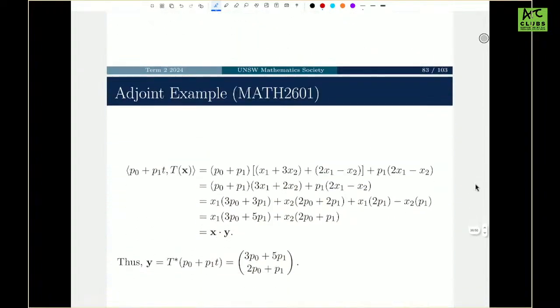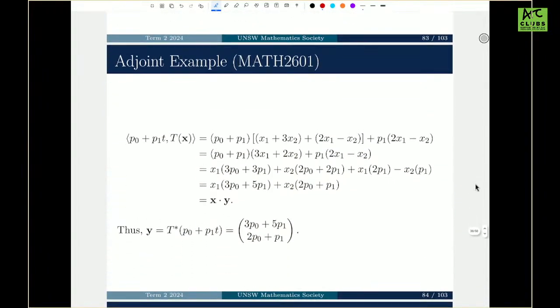and we get a big mess of algebra, but I assure you this is nothing too deep. We just expand a little bit, and the idea is that we want to get this in the form of the dot product, that being x1 y1 plus x2 y2.